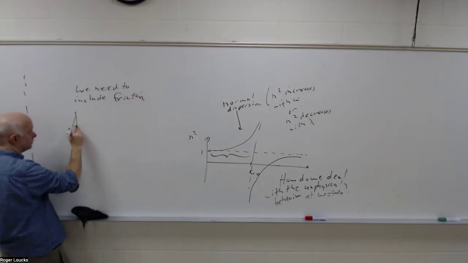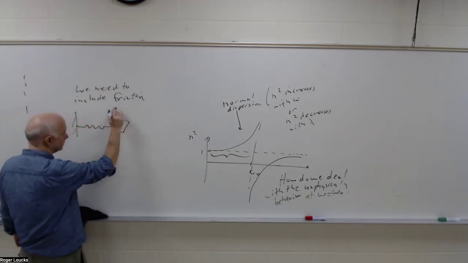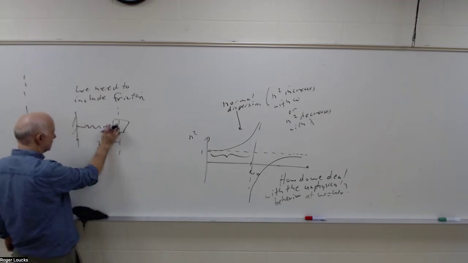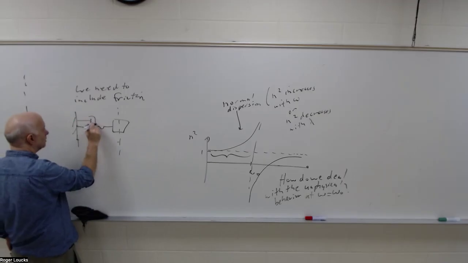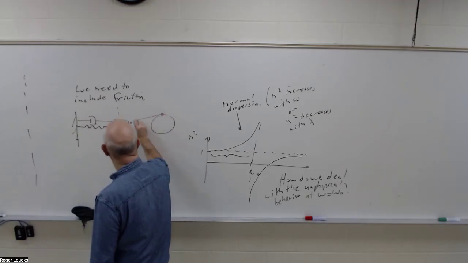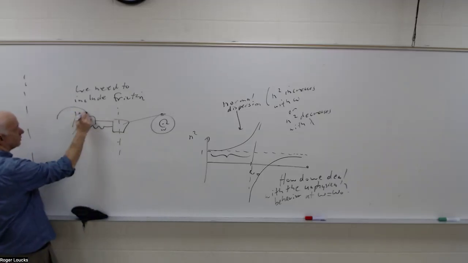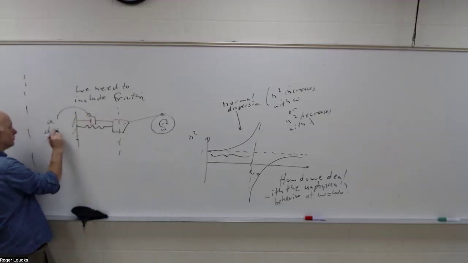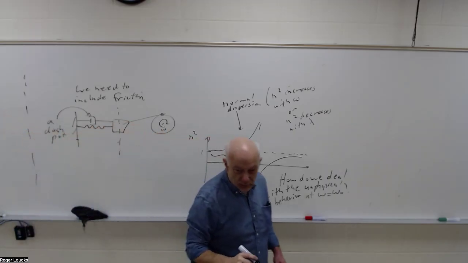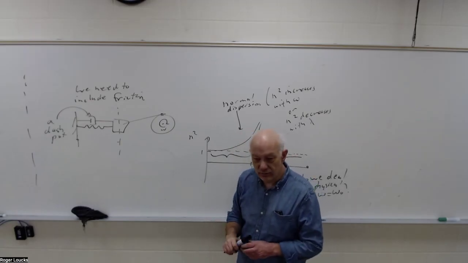When we do this, here's our spring, here's our mass, and we put in a dashpot here. Okay, I don't honestly know why it's called that. What does that represent? I've never seen one of these things. Well, actually, in some sense I have.